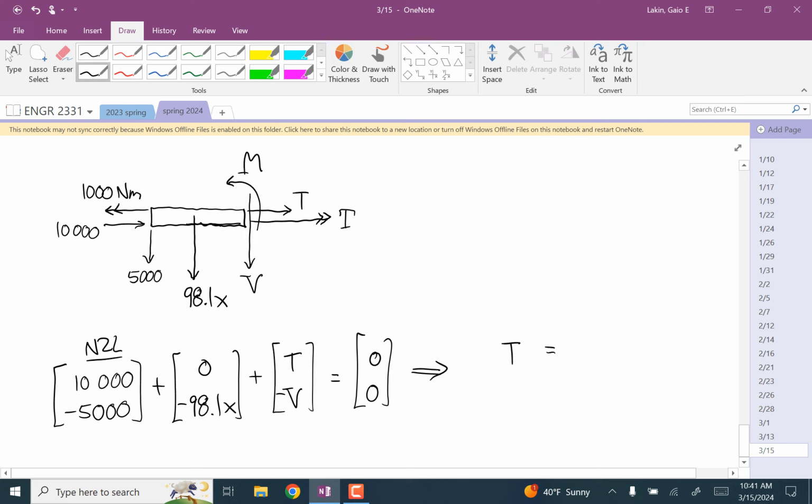So t is negative 10,000. Is that tension or compression? Compression, yep. And v is negative 98.1 x minus 5,000.